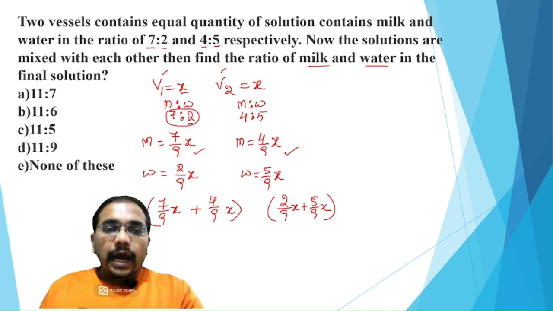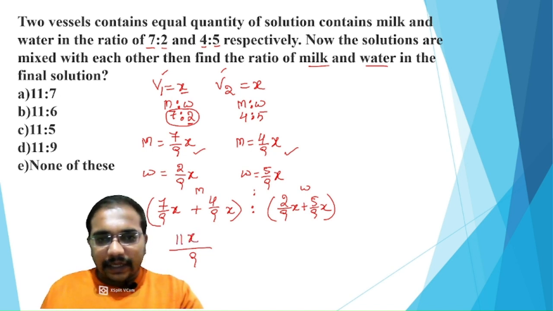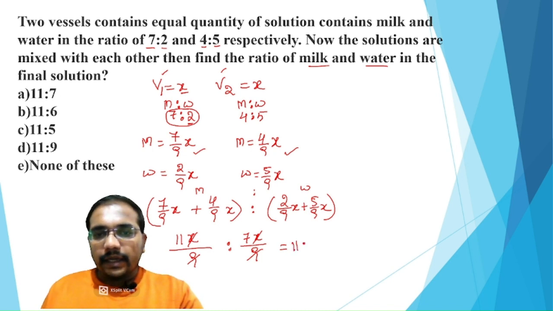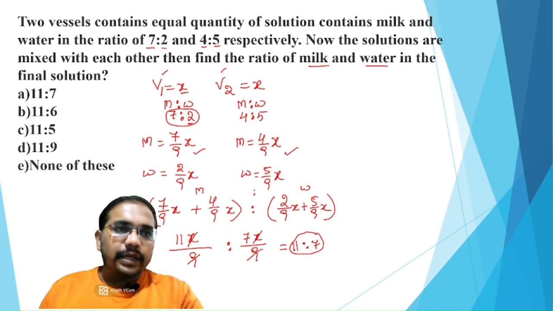They are asking for the ratio of milk to water. The LCM here is 9. 7 plus 4 is 11x, and 2 plus 5 is 7x. The 9 cancels, x also cancels. The ratio we get is 11:7. So our answer is 11:7.